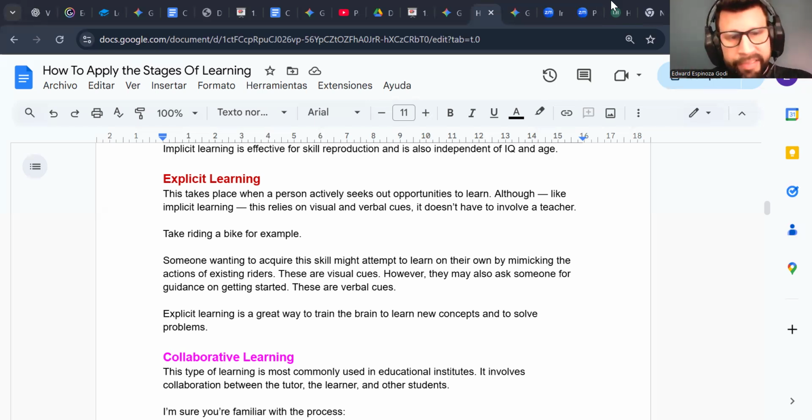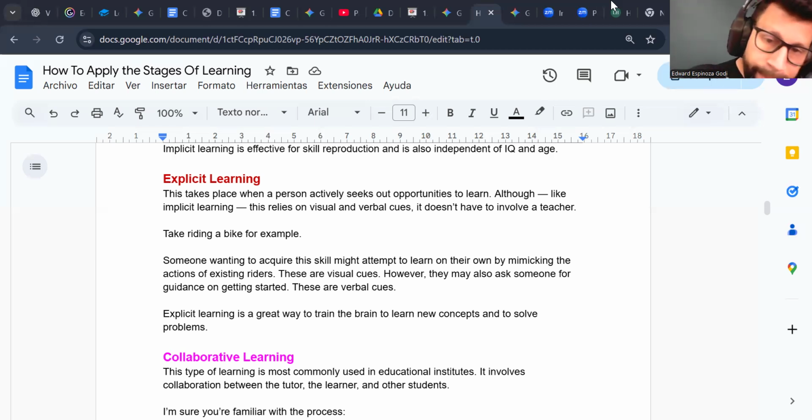The example that is given here is riding a bike. Someone wanting to acquire this skill might attempt to learn on their own by mimicking the actions of existing bikers or riders. These are the visual cues that we are referring to.